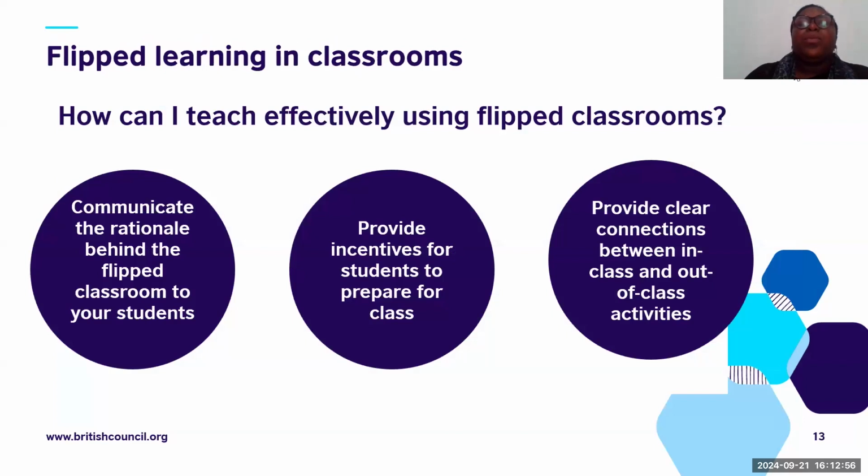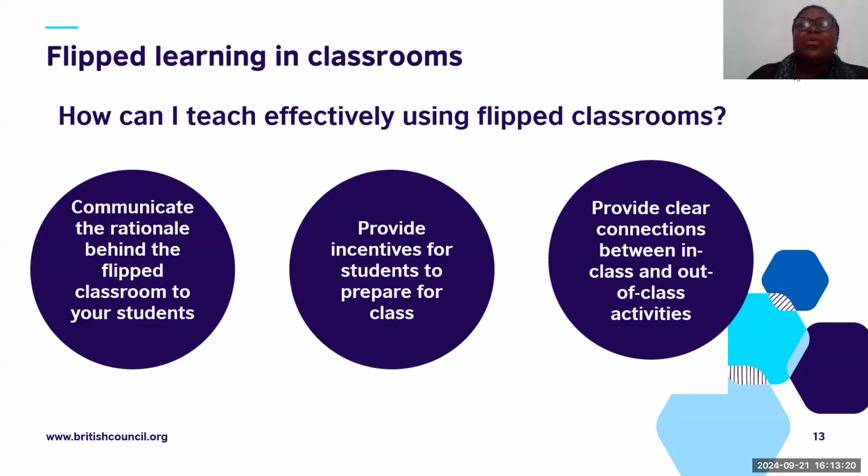So how can we turn our classroom into a flipped learning situation? Firstly, we need to let our learners know the reason why we want to implement this approach to teaching, because if we do not tell them our objective, they'll get frustrated.